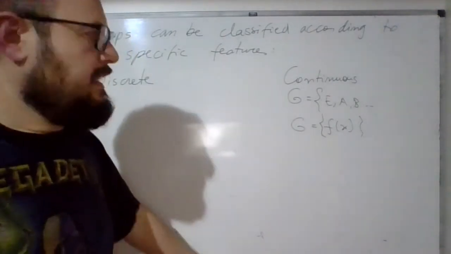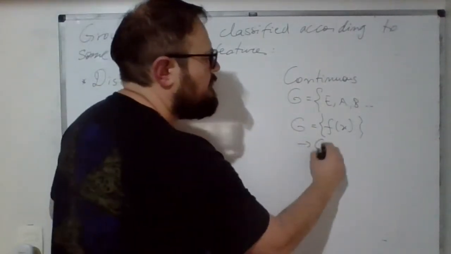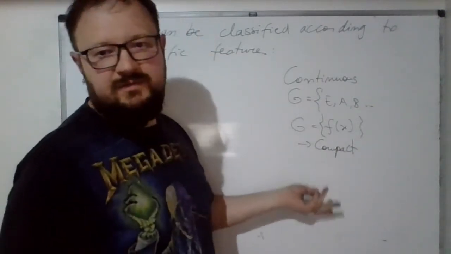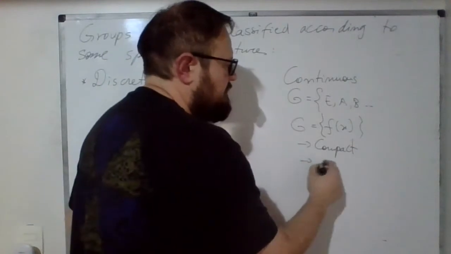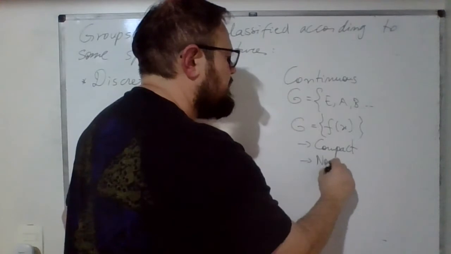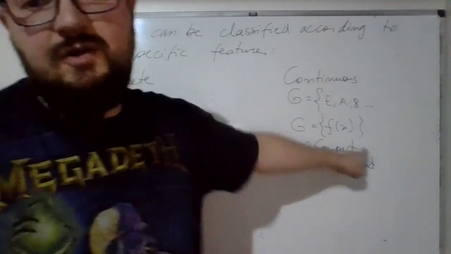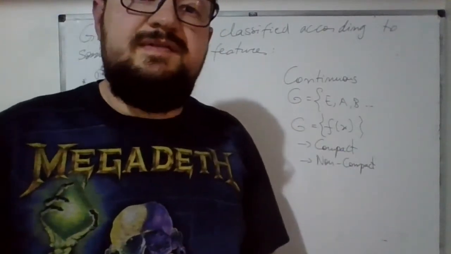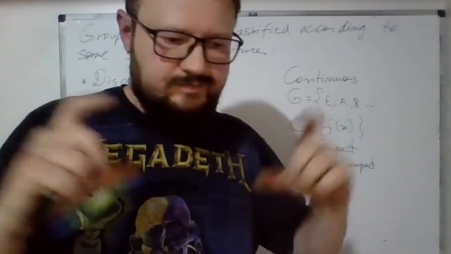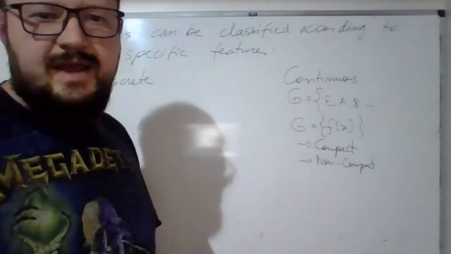All right, and in continuous groups, there are compact groups, which are more important for us in some aspects, just to deal with rotations, and non-compact. So for instance, a compact group is that one where you have a closed region of the parameter which specifies all the elements.